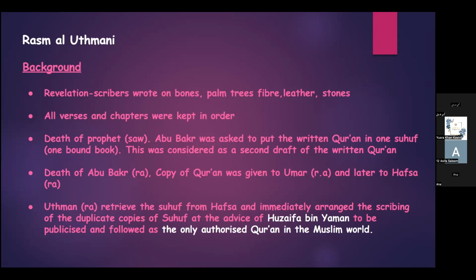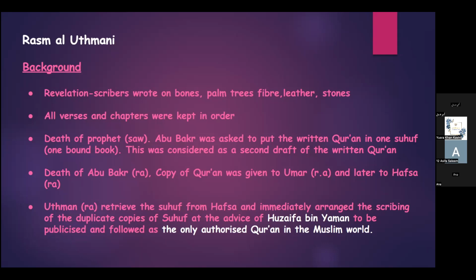They were called scribes, the katibi wahi, and the Prophet Muhammad sallallahu alaihi wasallam would read out the ayahs to those scribes who would write these ayahs onto different things, for example, on bones, dried bones, palm tree fiber, the dried leaves of the palm trees, leather, stones, and the like.